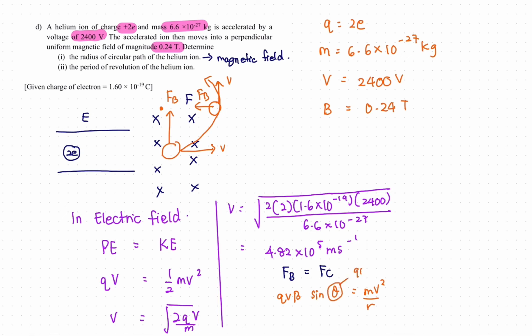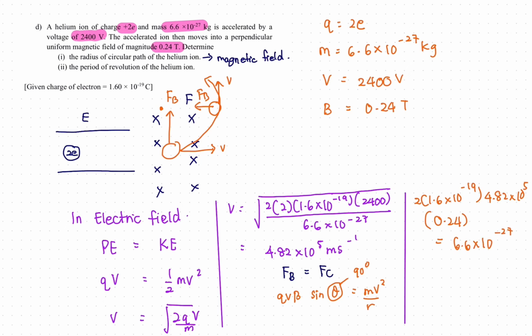Theta will be 90 degrees. Why? Because theta is the angle between the velocity and the magnetic field. The velocity is to the right and the magnetic field is into the page in the z component, so it is 90 degrees. Then we substitute all the values. Q is 2e, so 2 times 1.6 times 10 to the power negative 19, times 4.82 times 10 to the power 5, times B which is 0.24.